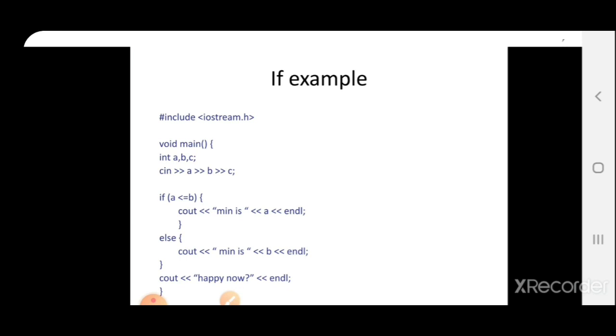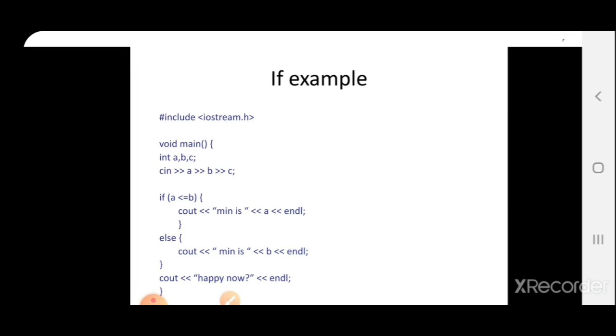If is the keyword: if A's value is less than or equal to B, cout minimum is A. I close this true part, and if the condition is false, the compiler executes the else part: cout minimum is B. Closing the if statement.